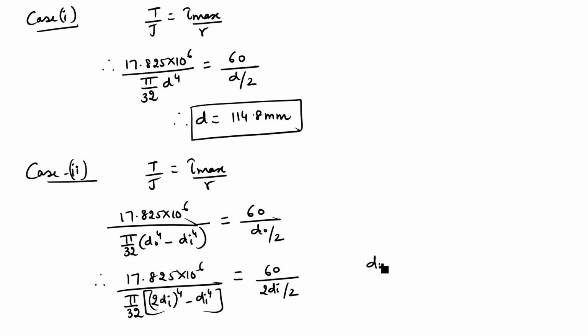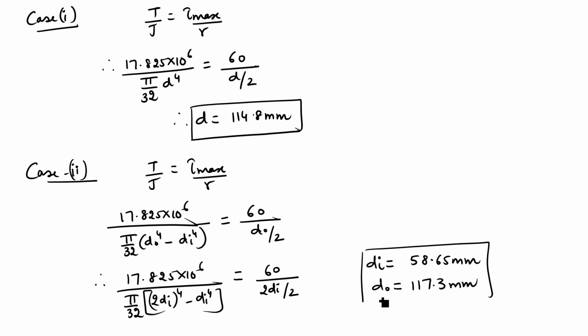On solving this, I get the value of D inner as 58.65 mm and the value of DO is 117.3 mm. Now here please don't compare anything in the diameters because they are for solid and hollow shaft and both are different.